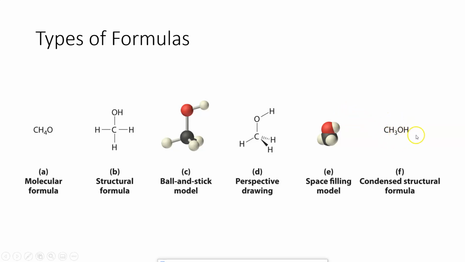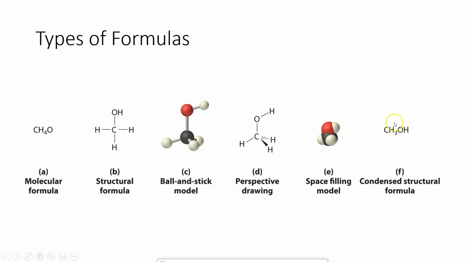And this type here is also very commonly used because it is practically like the molecular formula, but in this case, it is clear here that this hydrogen, the fourth hydrogen, is attached to the oxygen, and the other three hydrogens are attached to the carbon.